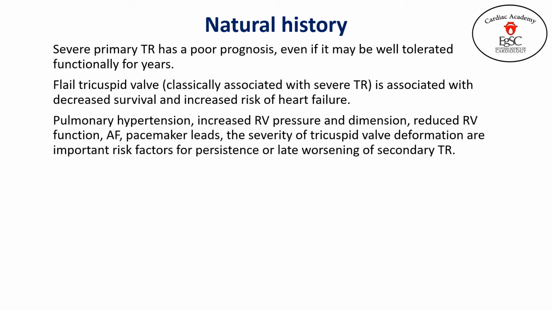Pulmonary hypertension, increased right ventricular pressures and dimensions, reduced right ventricular function, AF, pacemaker leads, and the severity of tricuspid valve deformation are all important risk factors for persistent or late worsening of secondary tricuspid regurgitation.